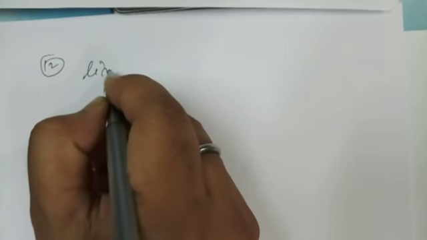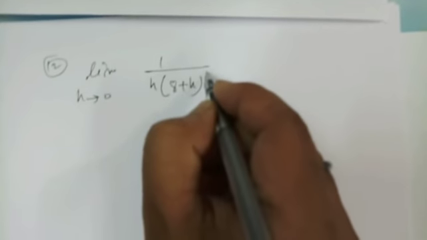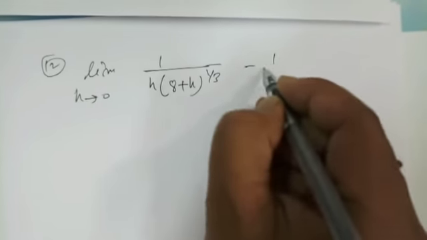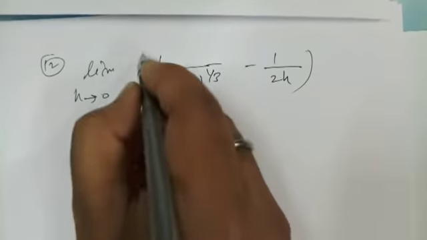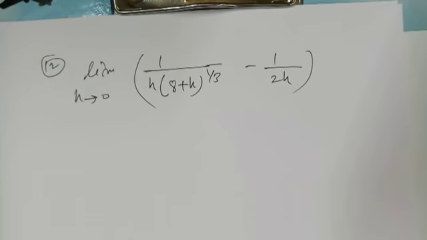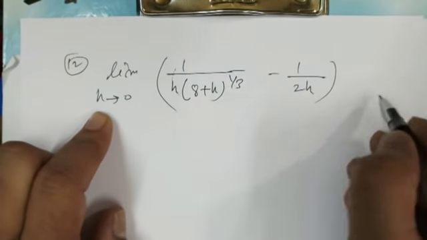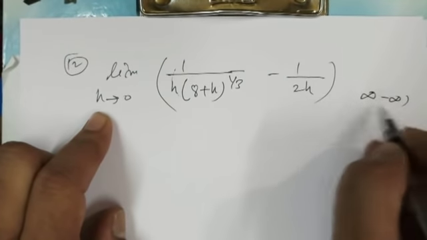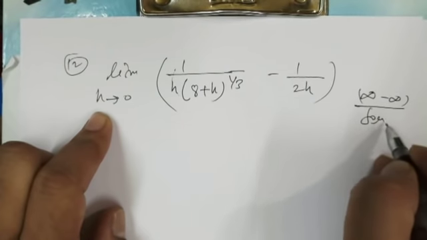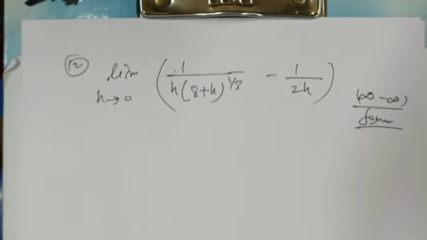This limit, if we solve this limit in question number 12, limit h tends to 0, 1 upon h common 8 plus h whole power 1/3 minus 1 upon 2h. This question is of importance, because if you put h 0 here, then this will be infinity and this will be infinity. So infinity minus infinity form.